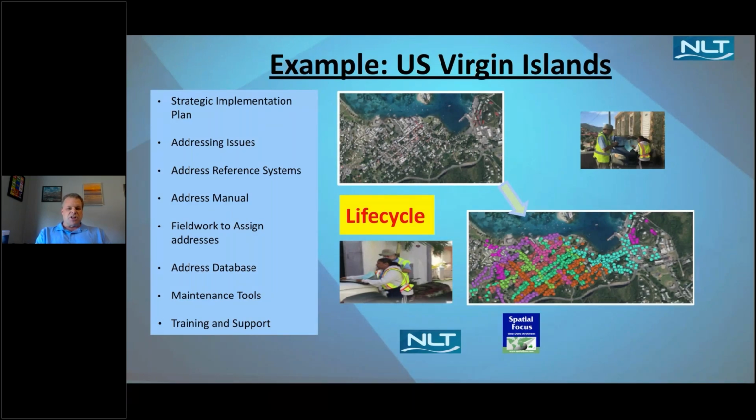Also providing an address manual, and then there has to be a way to assign addresses. In this case, and in many cases, field work has to be done. People have to go out into the field, walk every street, walk almost every structure, whether they assign an address or discover what the address is. That's one of the ways.